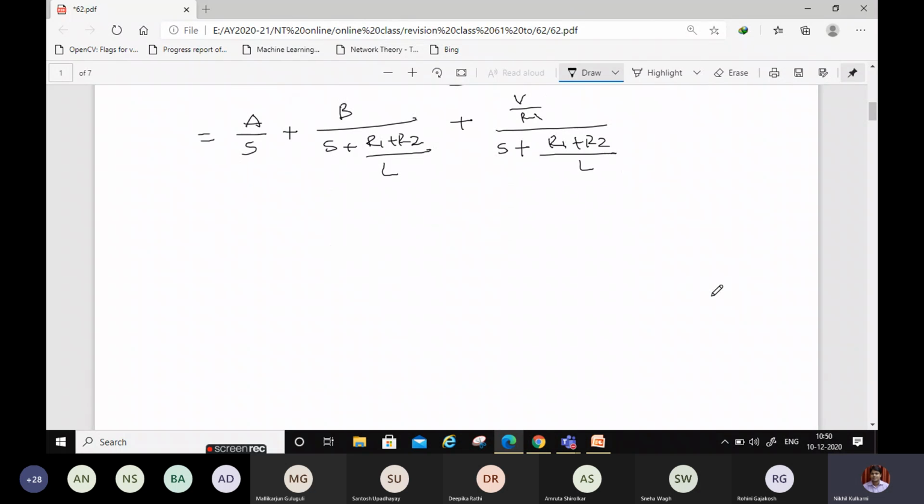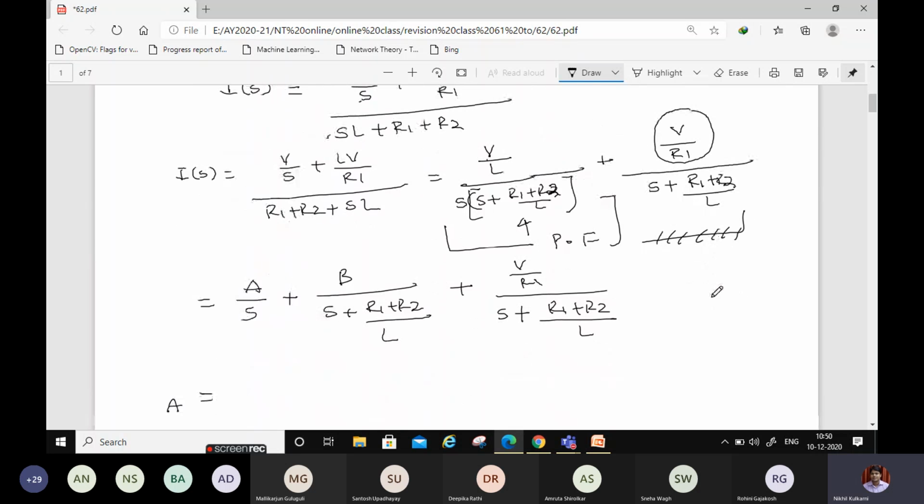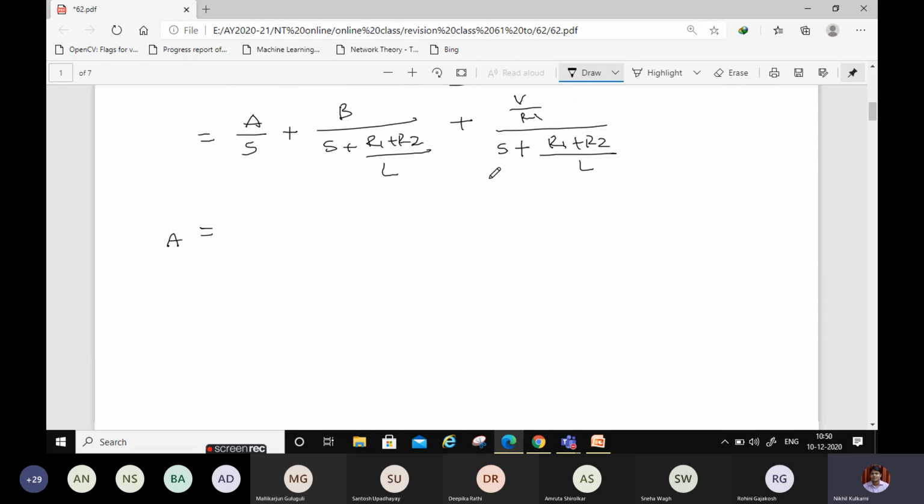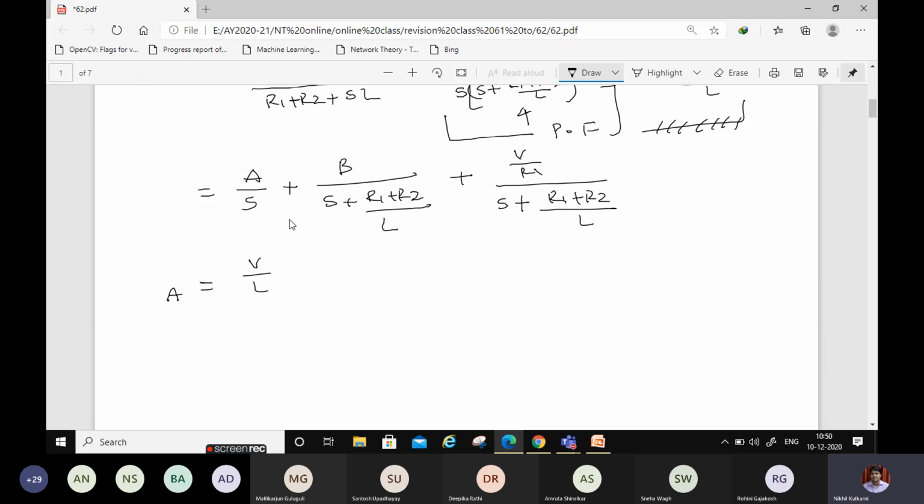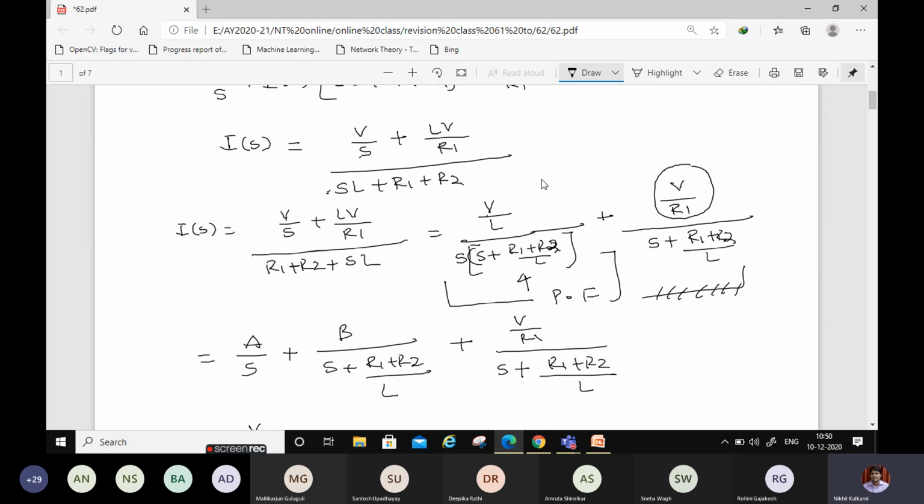Okay, so if you solve for A, you equate, and what we have is V by L, because we are applying that only to this term over here.